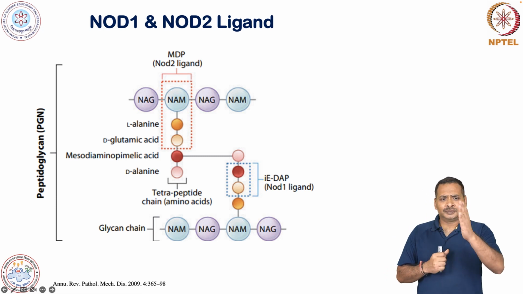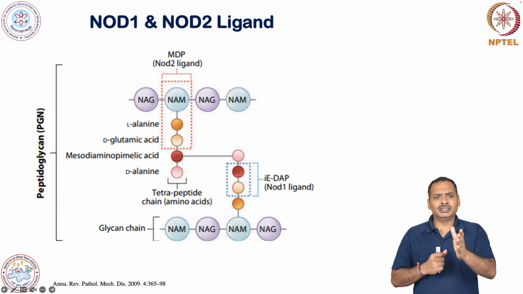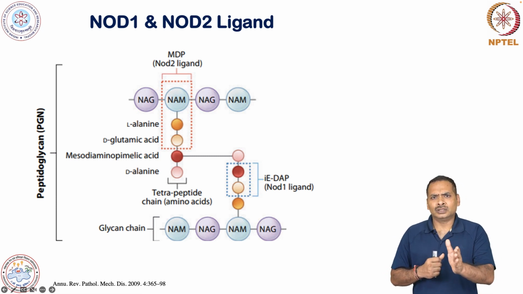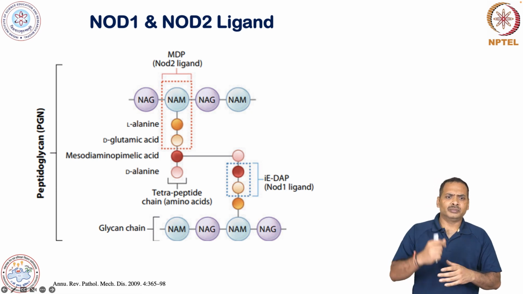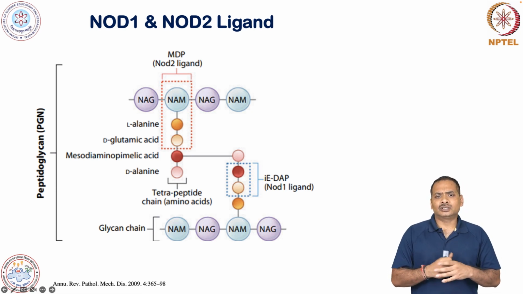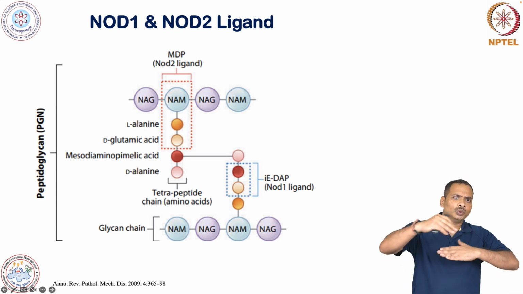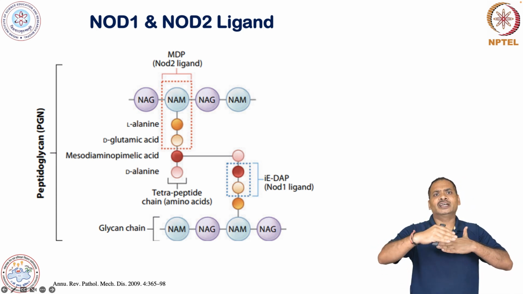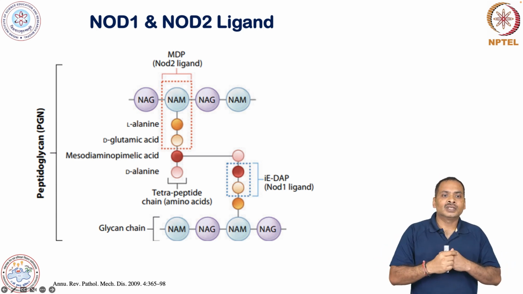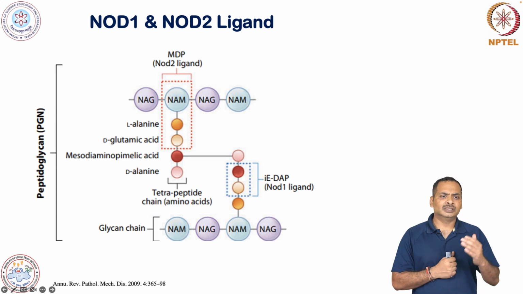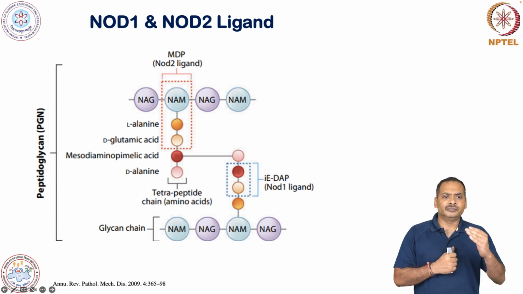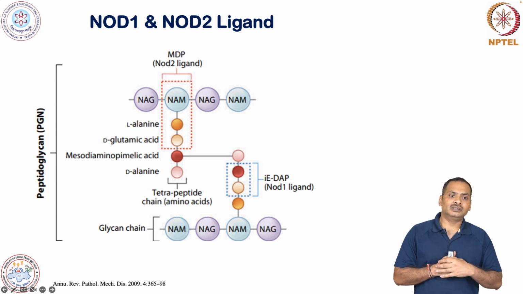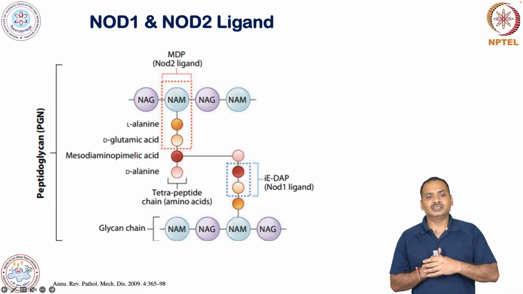There are other molecules making a cross linkage between two polymer chains of NAG and NAM. This is linked by L-alanine, D-glutamic acid, meso-diaminopimelic acid, as you can see, and there is a D-alanine.